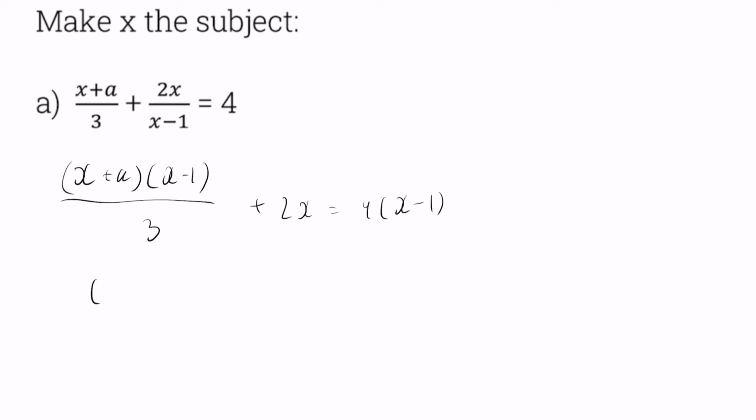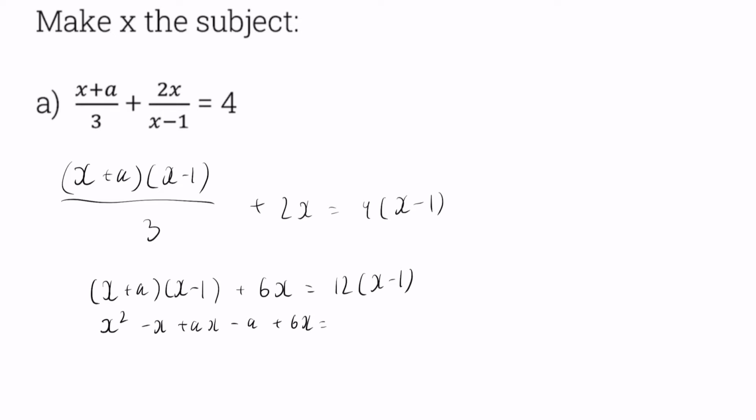So I get (x plus a)(x minus 1) plus 6x equals 12(x minus 1). Now let's just expand everything. So I get x squared minus x plus ax minus a plus 6x equals 12x minus 12.